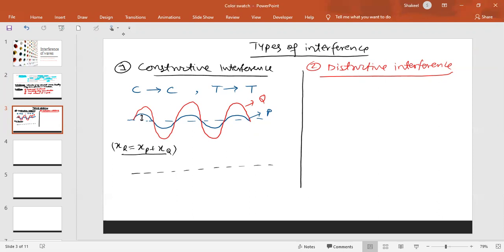Now you have to add their amplitudes together. So let's say if P has an amplitude of 1 and Q has 2, then the resultant amplitude will be 3 units. So how will you draw it? You will draw it like this.